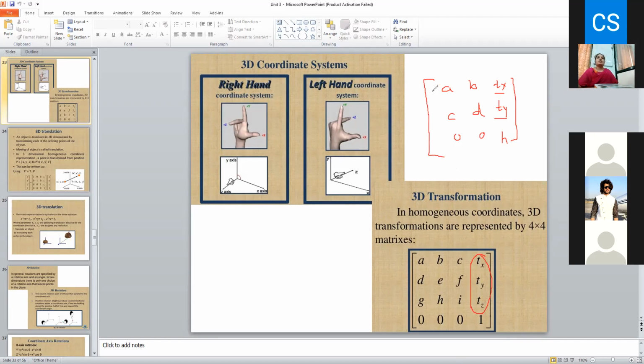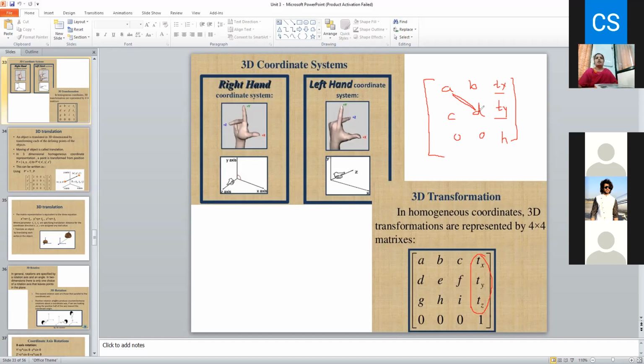Then, which elements in the 2-dimensional matrix are responsible for scaling? Sx and Sy, ma'am. Sx and Sy, which are written here as A and D, the diagonal elements. Right, we were writing 2 and 2 here for multiplying. So the diagonal elements are responsible for scaling.